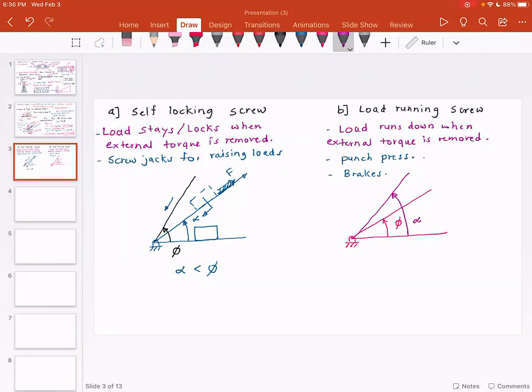So in other words, alpha is greater than phi. Where once again, alpha is the helix angle and you have this friction angle. So helix angle is greater than friction angle.